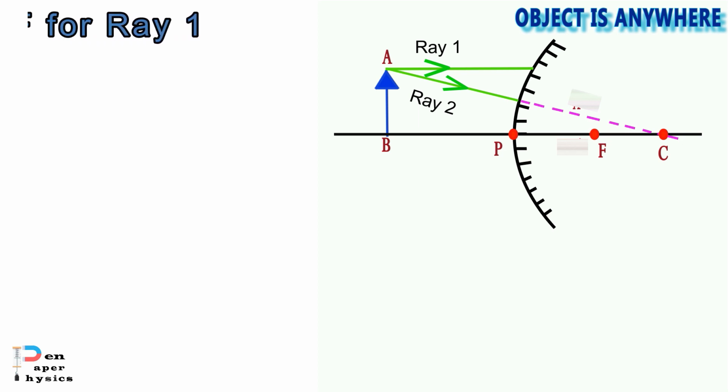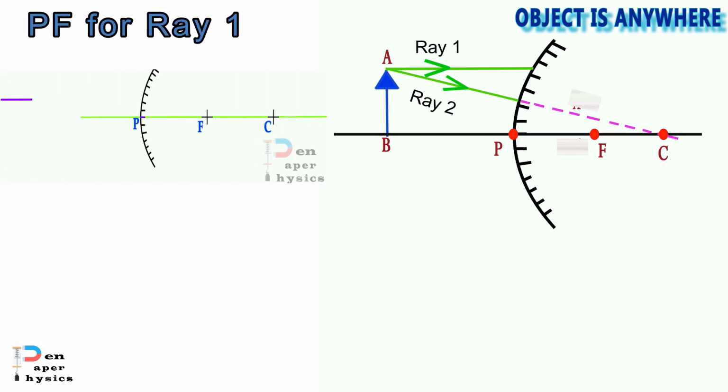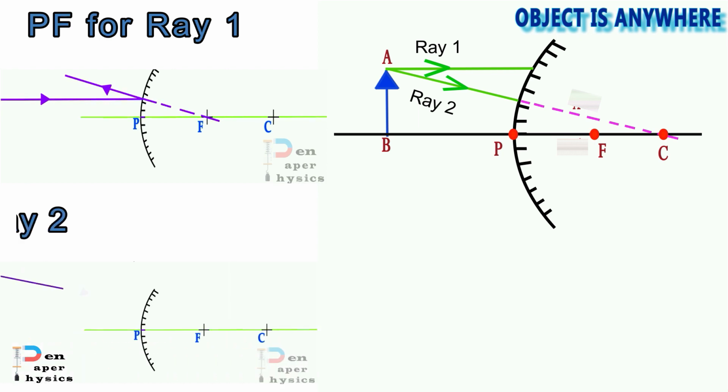So for ray 1, we will follow the PF rule, parallel ray appears to pass through focus. And for ray 2, we will follow the CC rule, a ray which appears to be incident at center of curvature will retrace its own path.